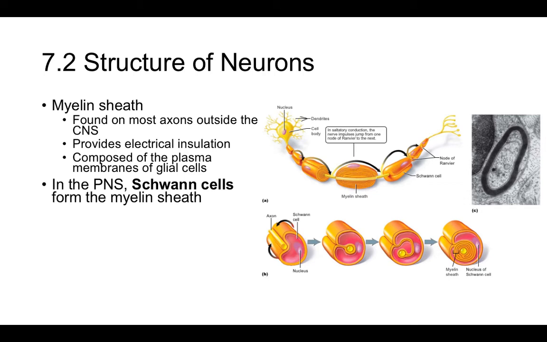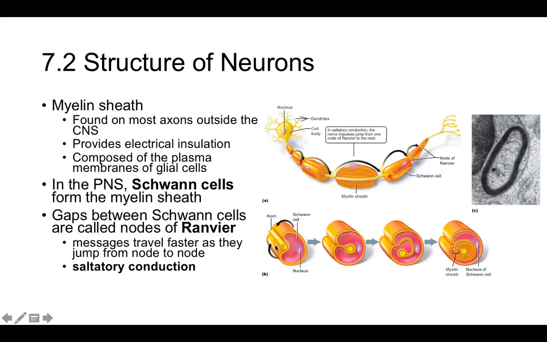The Schwann cells, because Dr. Schwann discovered Schwann cells, form the myelin sheath. And what they do when the myelin sheath is being formed is the Schwann cell wraps around itself to protect the axon.